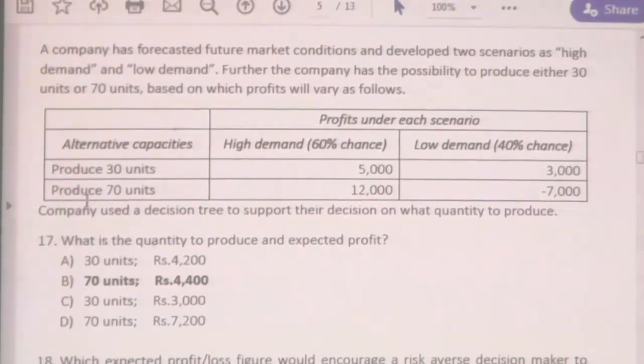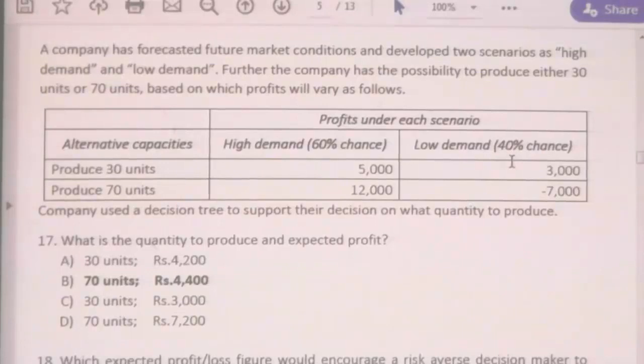In these two scenarios, say these are two projects, the 30 unit project or the 70 unit project, they have given a high demand condition and a low demand condition. But fortunately here they have given the percentage, the probability of each condition. Since they have given the probability of each condition, no need to use a decision rule, you can use a decision tree.